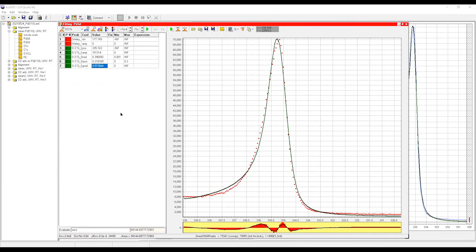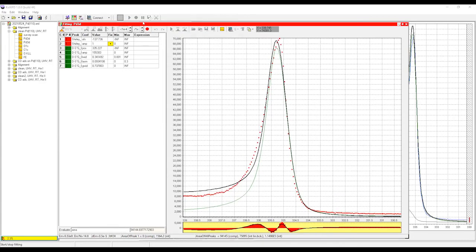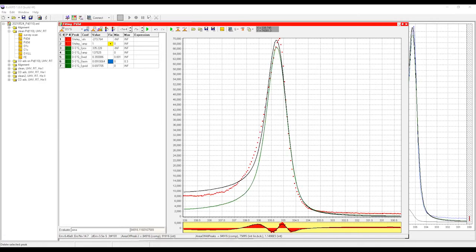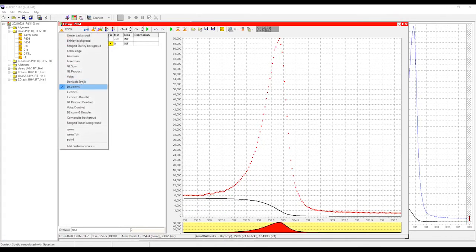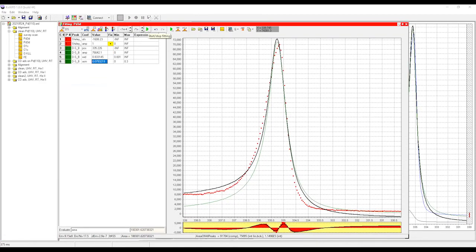However, the background is almost zero, and it is not, of course, correct. You should have some background, like this. Yeah, and let's try another profile. It's even worse.